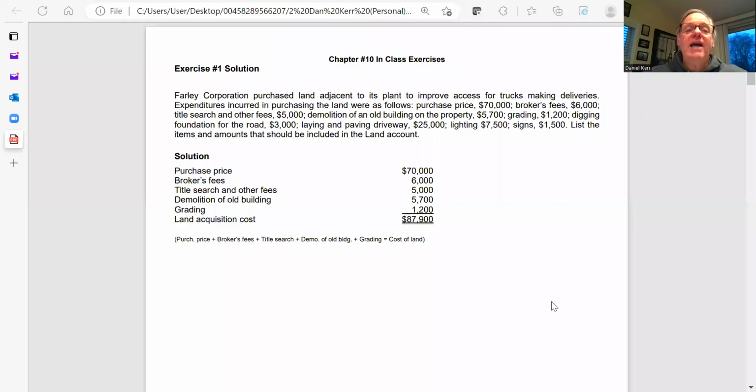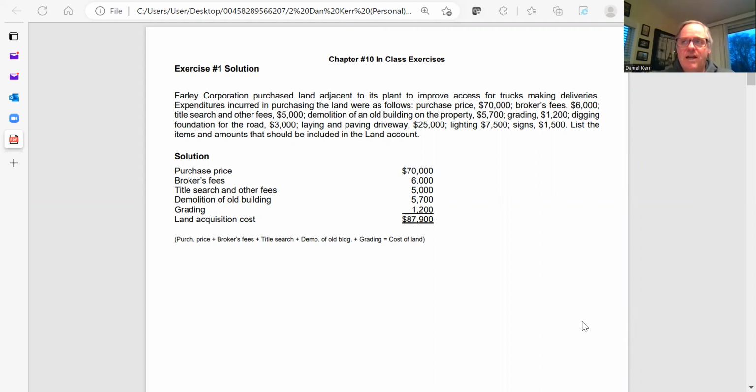So the first one here had to do with what do we capitalize when we go and buy a piece of land? One of the major topics in Chapter 10, accounting for property, plant, and equipment, and intangible assets and natural resources, is what actually becomes part of the cost of an asset.